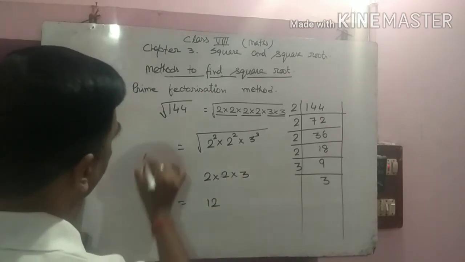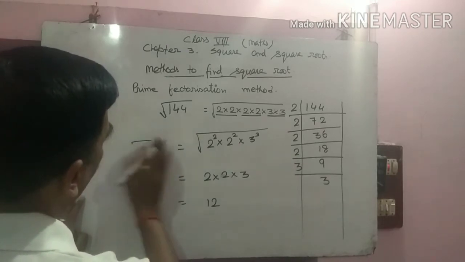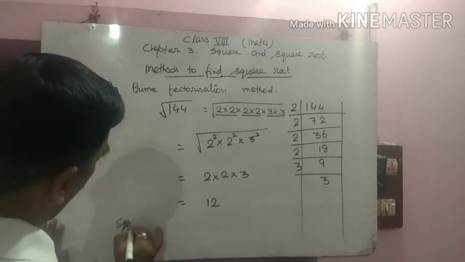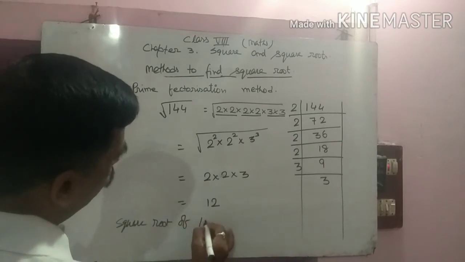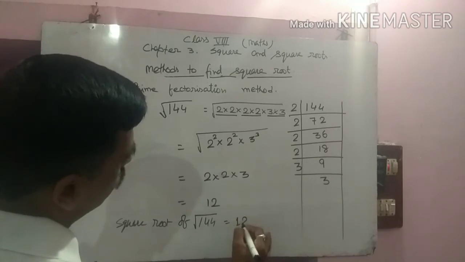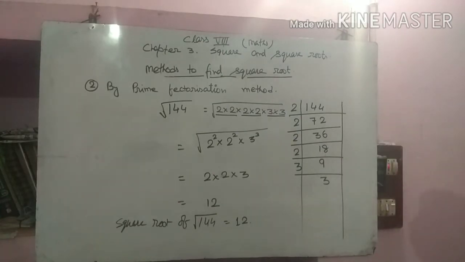So the square root of 144 is equal to what? 12. By this method we can also find the square root of any perfect square. Write this one also.